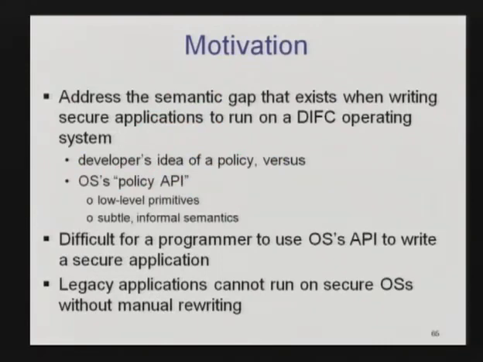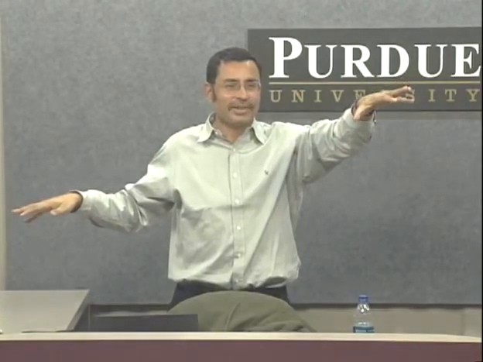And essentially, this is a slide that Tom Reps actually came up with, and I really like it. Essentially, the whole idea is that without our tool, there is a semantic gap that exists when you're writing secure applications. Your security policy that you had in mind, some high-level one, is spread across the code. There is no declarative representation of that.